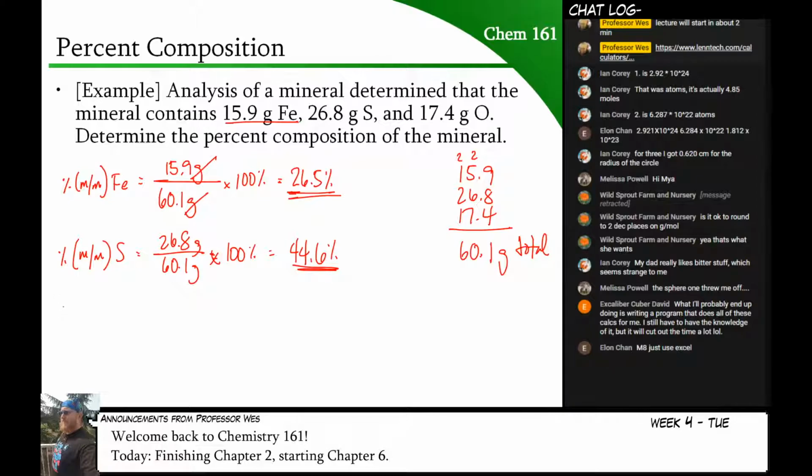And then finally for oxygen, I could do 17.4 grams oxygen divided by 60.1 grams total times 100%. Or I could just say 100% minus the percent of sulfur minus the percent of iron, right? So 100 minus 44.6 minus 26.5 is 28.9. Because all percentages have to add up to 100, yeah?